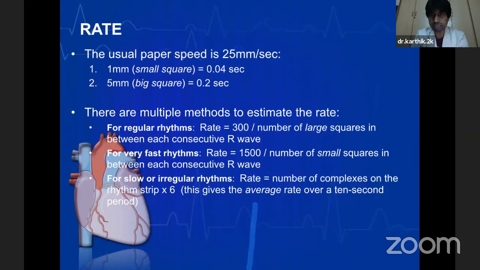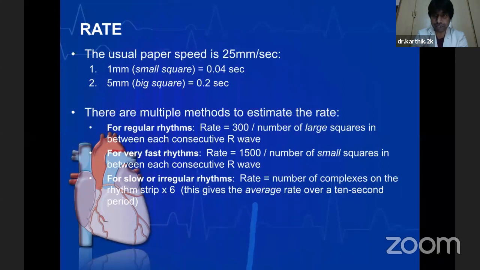On the denominator, we put the number of large squares between two successive R waves, the RR interval, on the ECG paper. Divide 300 by that number, and that gives you the rate of the heart.